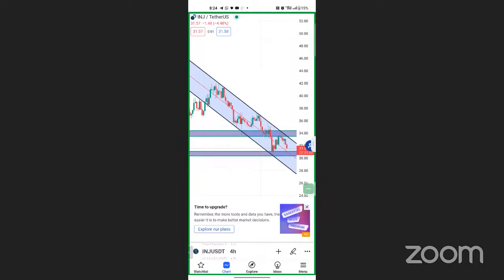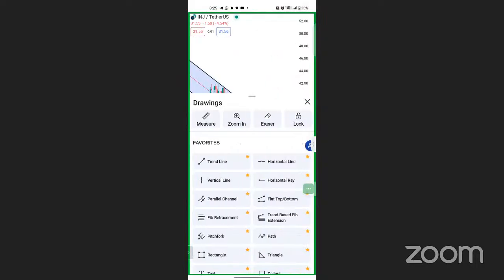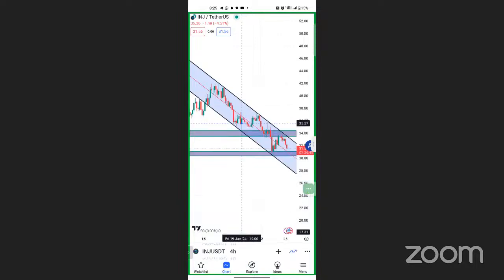I hope you can see that the market was forming what we could call lower lows. So you could see the market from here where we started.